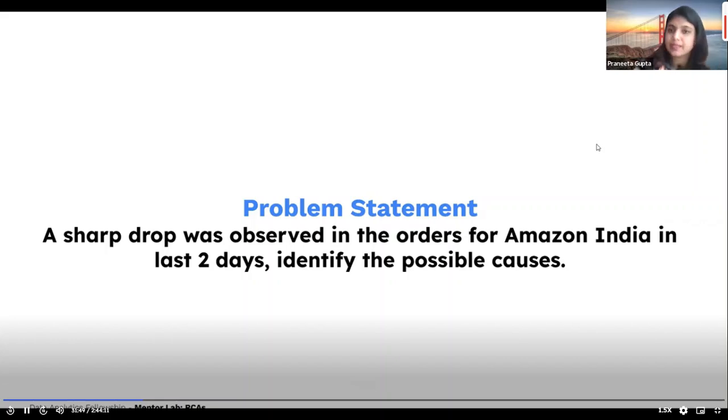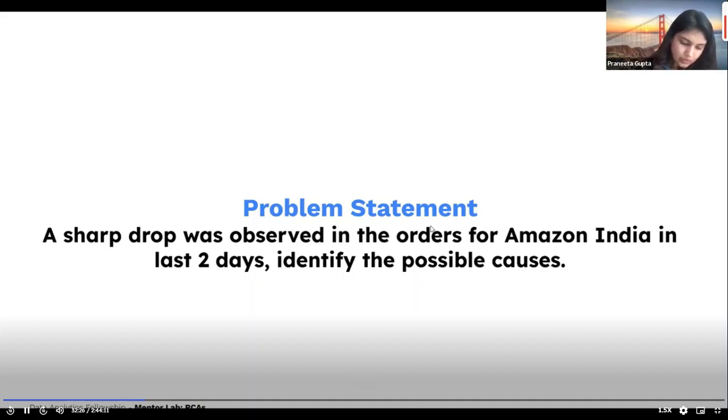Then any product category that was impacted particularly, or again, is this for the entire platform? No, I don't think so. It's across all the categories, Amazon as a whole. Okay. And another thing, since for Amazon there is a web page as well as an application, is it pertaining to a certain one or both? Both app as well as website. Okay, got it.